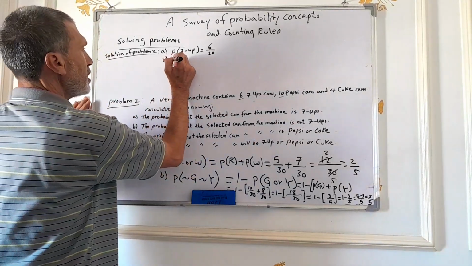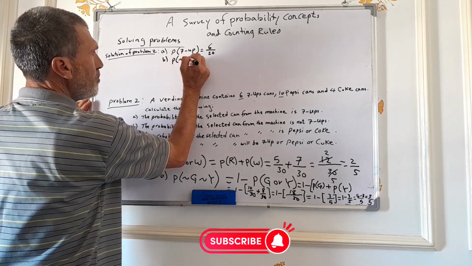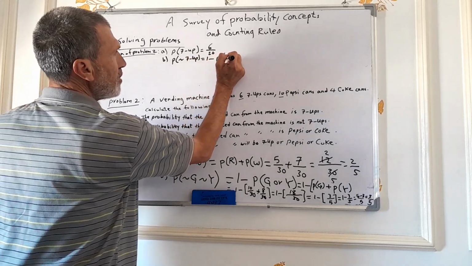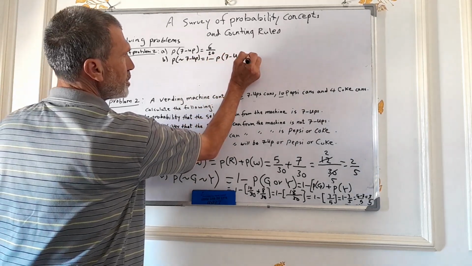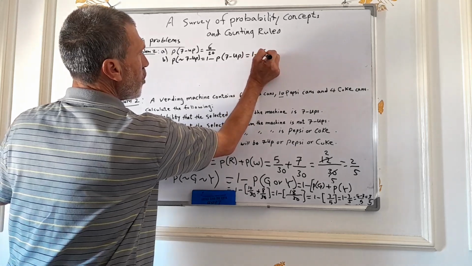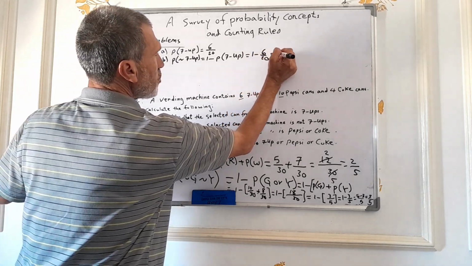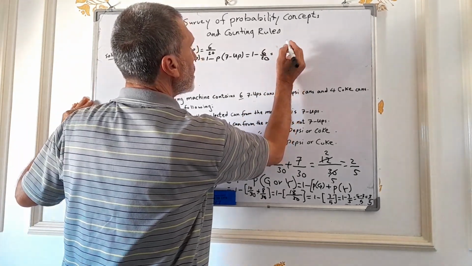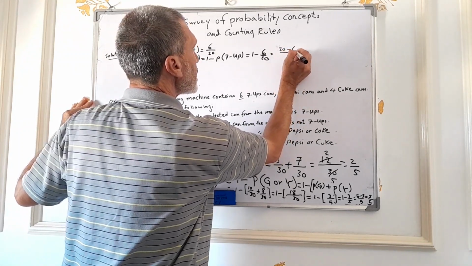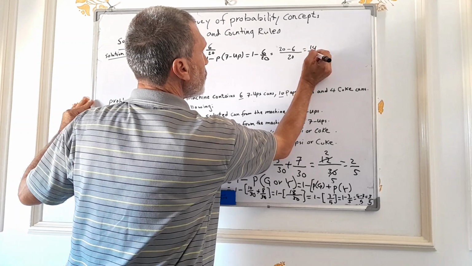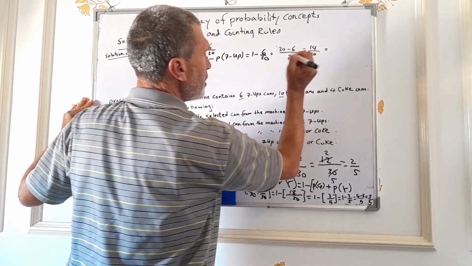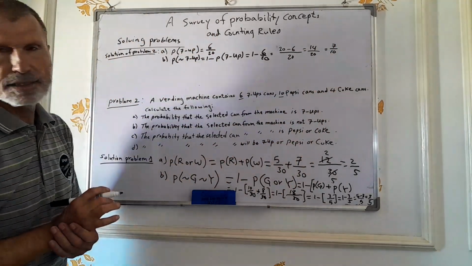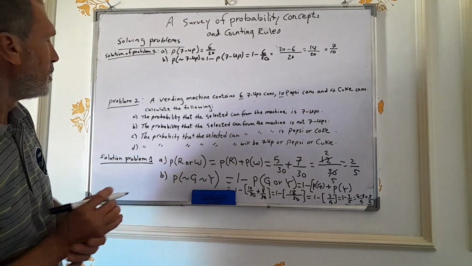So probability of not 7-Up is equal to 1 minus probability of 7-Up, which is equal to 1 minus 6 over 20, which is equal to 20 minus 6, which is 14 over 20, which is equal to 7 over 10. Okay, this is the probability of not 7-Up.